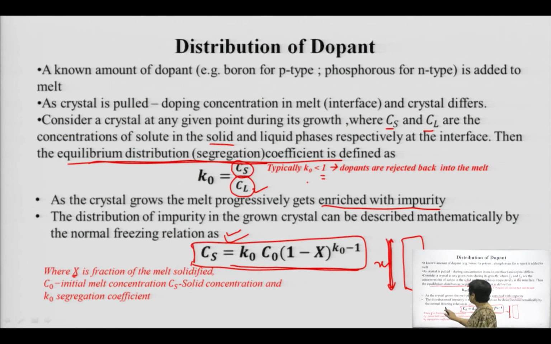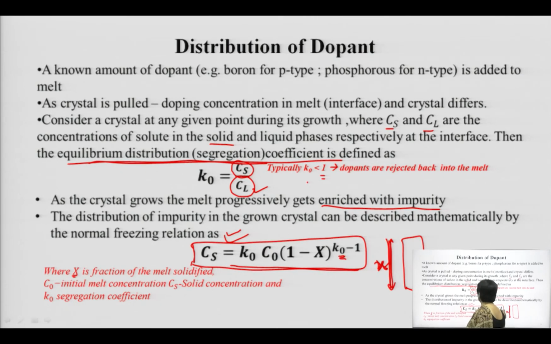Therefore, this freezing relation is important to check how much crystal can be grown from the amount of molten silicon kept in the crucible. So, this equation is basically K0 into C0 into (1 minus x) raised to the power K0 minus 1.